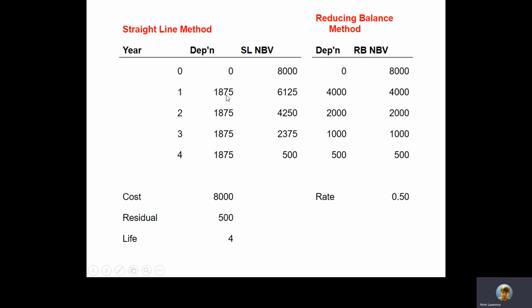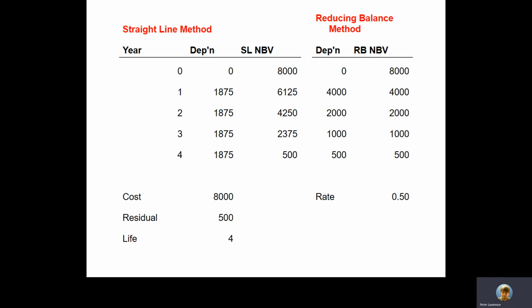The reason that some companies will choose straight line, some will choose reducing balance, is it really depends on the type of asset it is. For example, technology and motor vehicles tend to lose most of their value in the first year. If you go to the garage and buy a brand new car, it's got 0 miles on the clock.